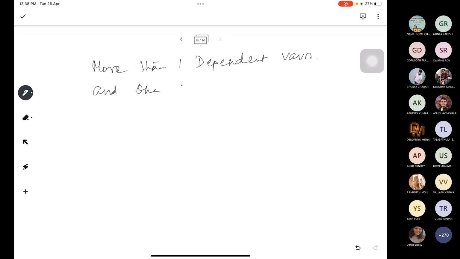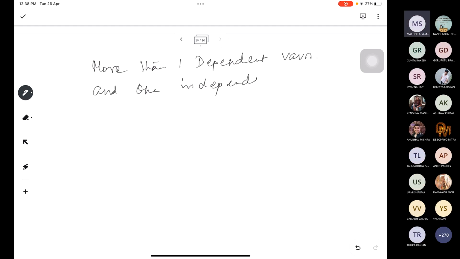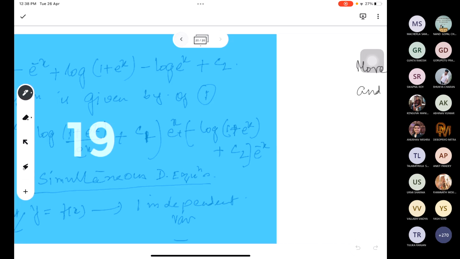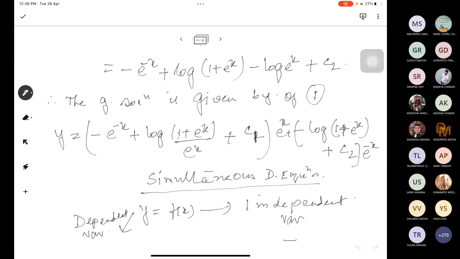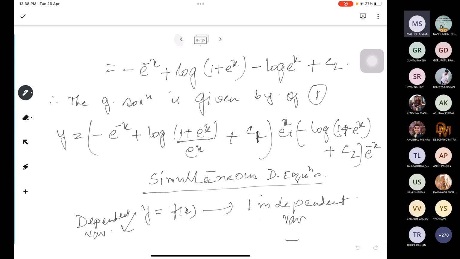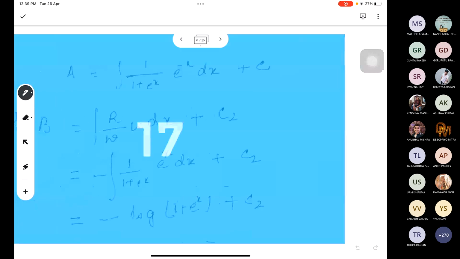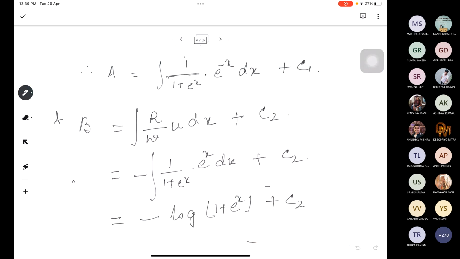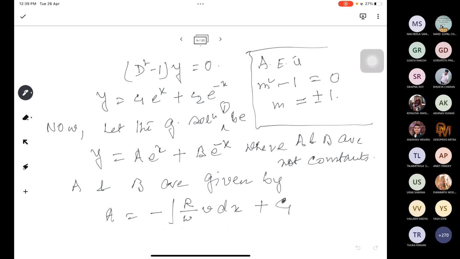Ma'am, I have a doubt in second order differential equations. We write the linearly independent solutions at the beginning of the solution. Can you please tell how we are writing that? I had explained that in the last class with the theorem.